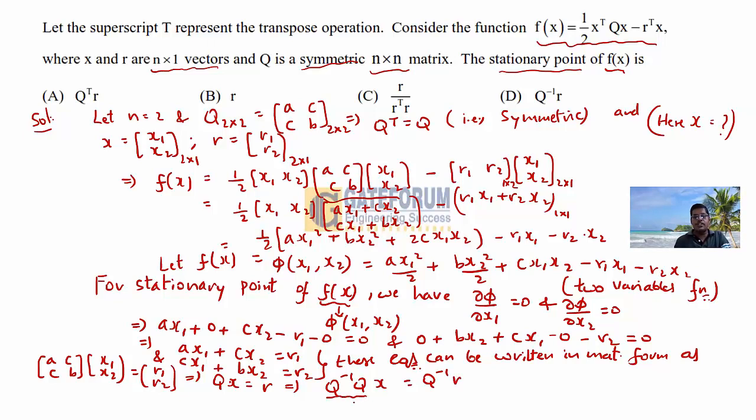A matrix into its inverse is identity matrix. Identity matrix into x is x. So this simplifies x is equal to q inverse r. So the answer is the stationary point of f of x is q inverse r. Accordingly, option D. This is the end of the question.